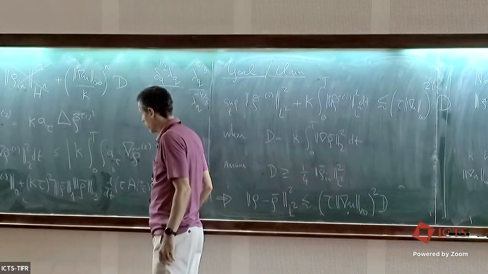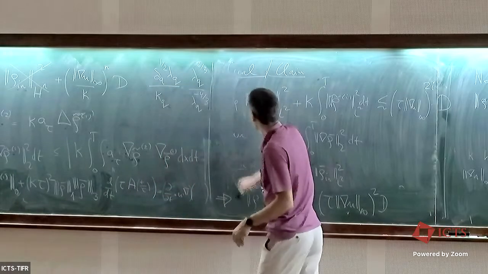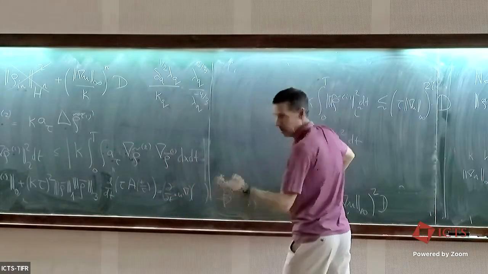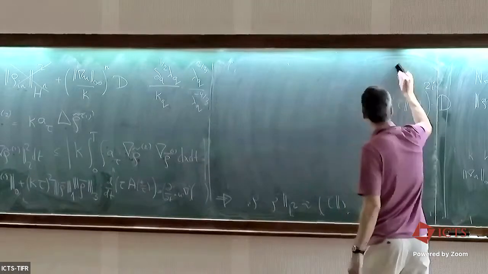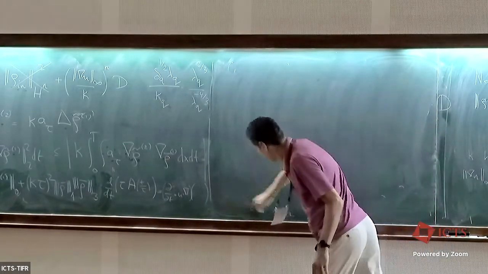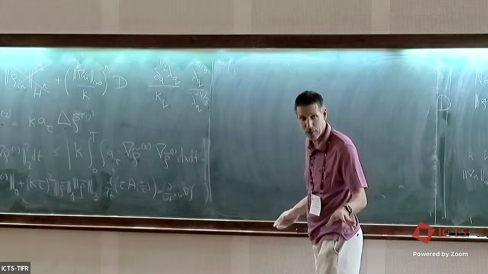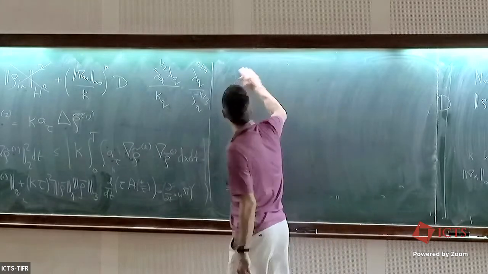So for the gluing, maybe I should say a little bit for the people who don't know. I hope it's okay, just a couple of minutes to say what this gluing is.